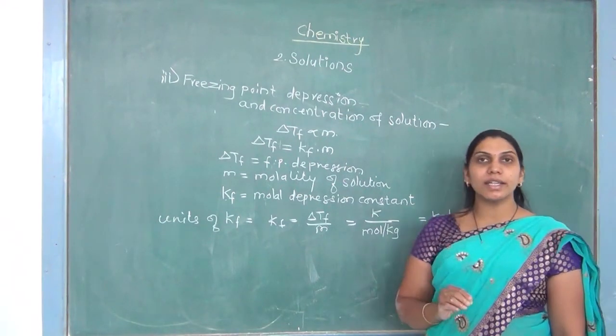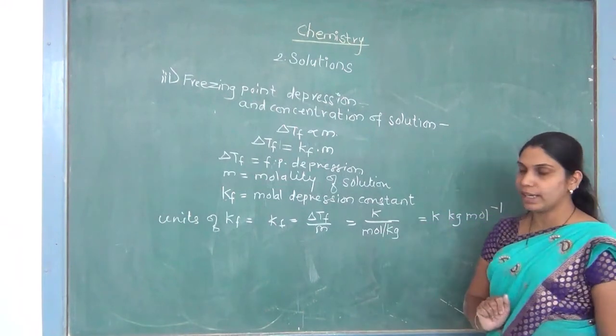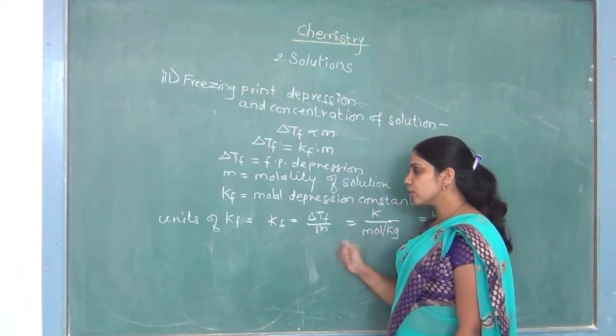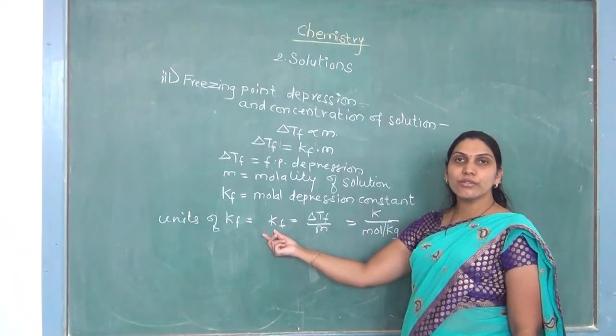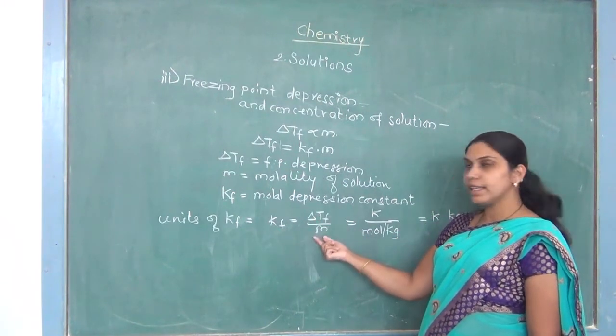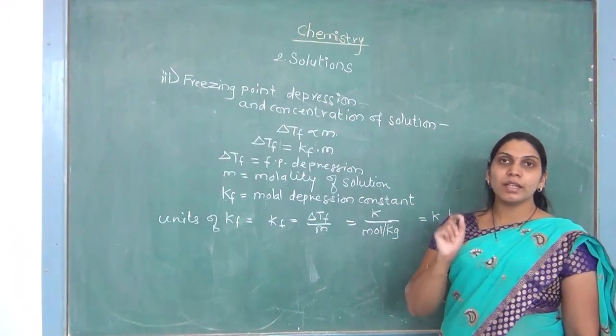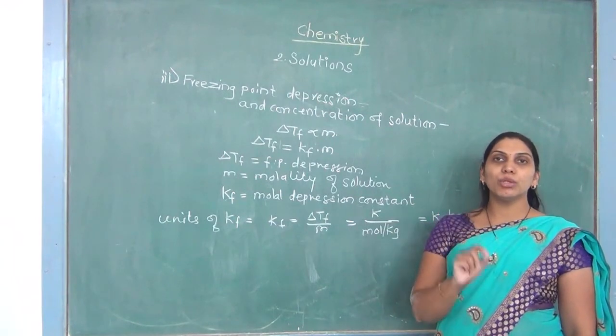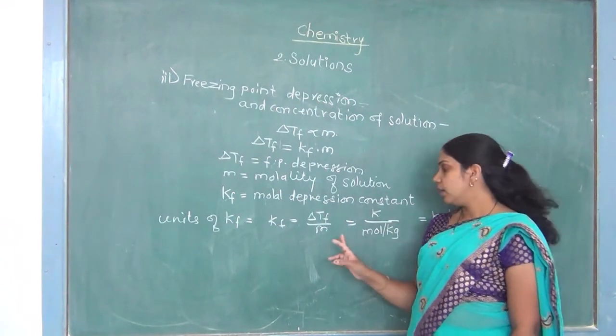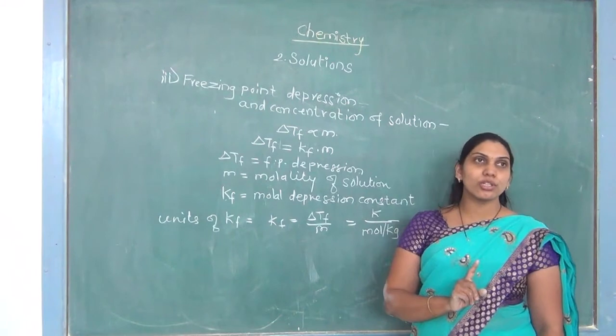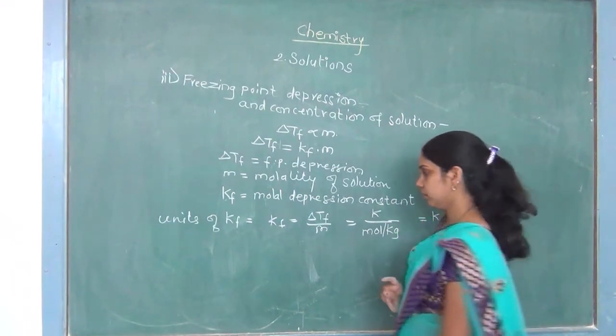Now we will study the definition of Kf. What is the equation for Kf? The equation for Kf is delta TF upon m. Now consider that the molality of solution m is 1. The solution is of 1 molal.